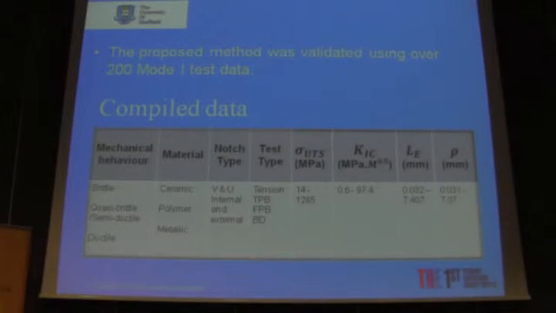In the compiled data I've included the mechanical behaviour, different types of materials, a variety of notches and stress concentration features, and various different test types. Most importantly, I've recorded the UTS and fracture toughness so that I can calculate L, and I've also recorded the geometry, as the geometry is very important.